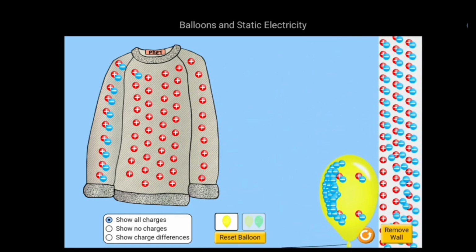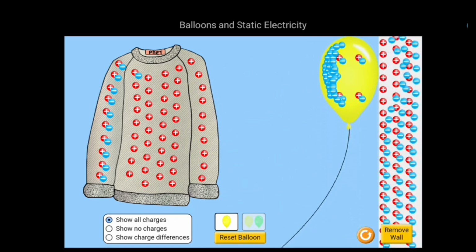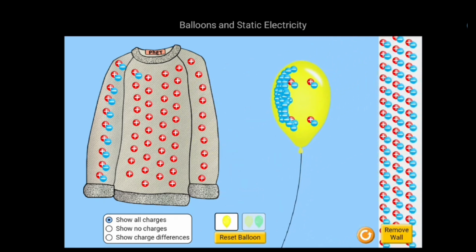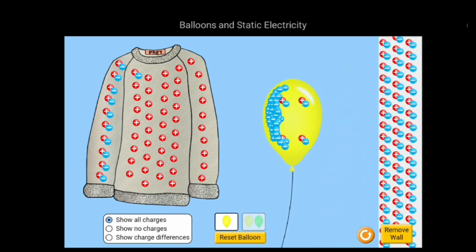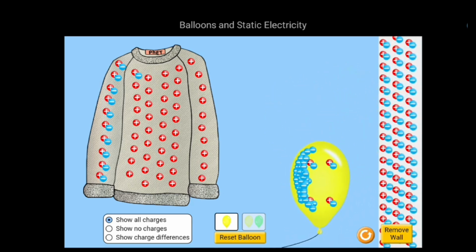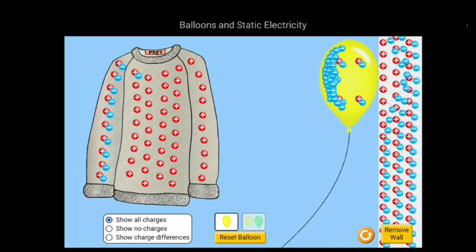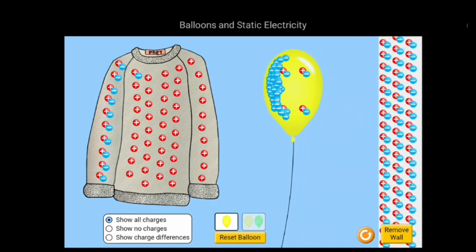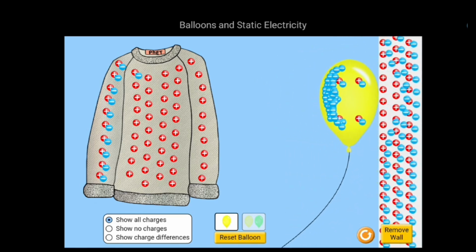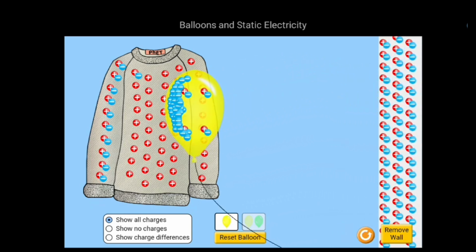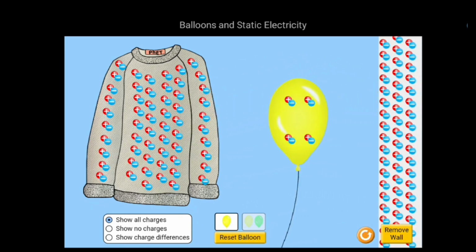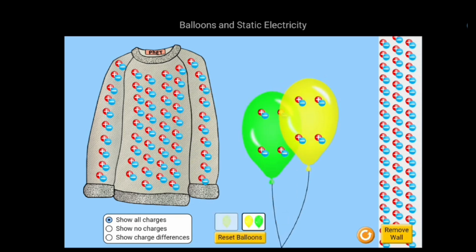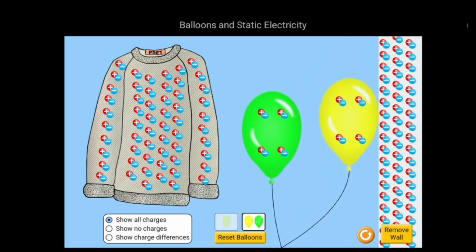This phenomenon is explained by a concept called the triboelectric series. The triboelectric series is a list of materials ranked according to their tendency to either lose or gain electrons when rubbed against other materials. Materials at the top of the series, like silk, tend to hold onto electrons more tightly and thus become negatively charged, while materials at the bottom, like wool, are more likely to lose electrons and become positively charged.